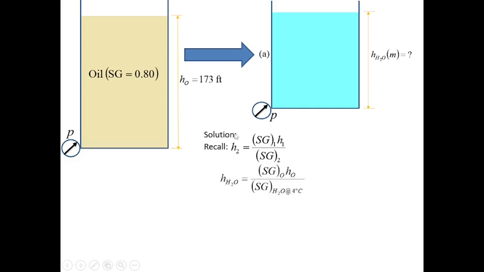So we have here oil: specific gravity of oil for liquid 1, height of liquid 1, pressure head H sub O, all over specific gravity of water at 4 degrees Celsius. Again, the assumption is that the temperature of water is at 4 degrees Celsius, so that it will be exactly 1. So we have now 0.80 times 173 feet over 1. Converting that to meters, for every foot, 0.3048 meter, that is now 42.2 meters.